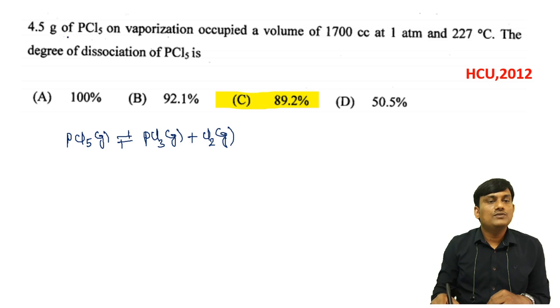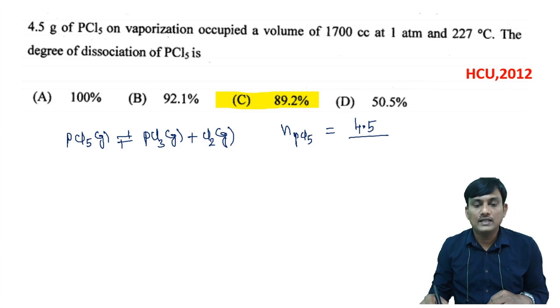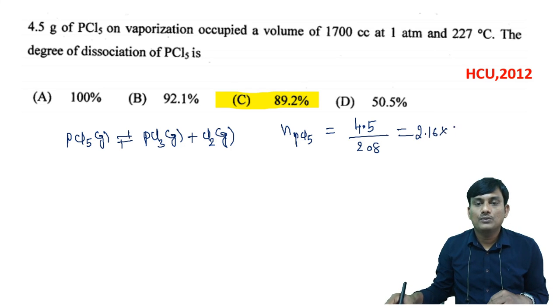Initially there is 4.5 gram of PCl5. So the initial number of moles of PCl5 is equal to 4.5 by the molecular weight of PCl5, which is 208. When you simplify, you will get around 2.16 into 10 to the power of minus 2 moles.